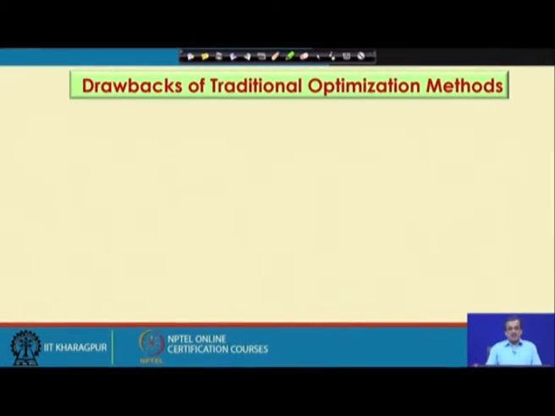Now, I am going to discuss the drawbacks of traditional optimization methods. Before I start with the discussion on the drawbacks, let me tell you that till now we have discussed a few traditional tools for optimization. I started with the analytical approach, concentrating on a problem having only one variable, and we have seen how to solve it.